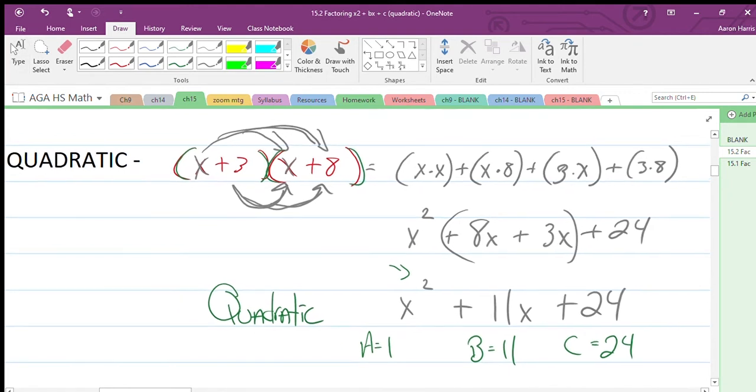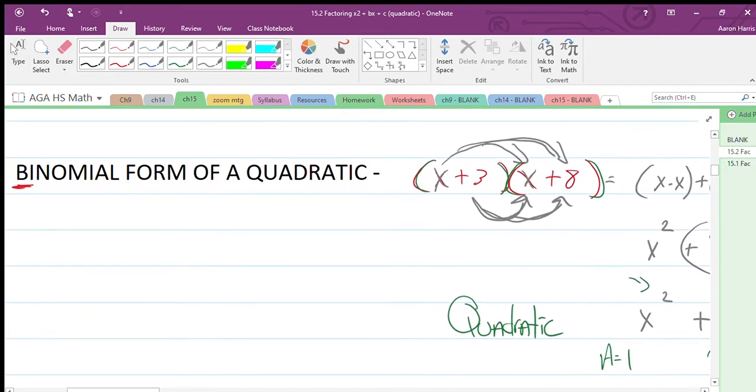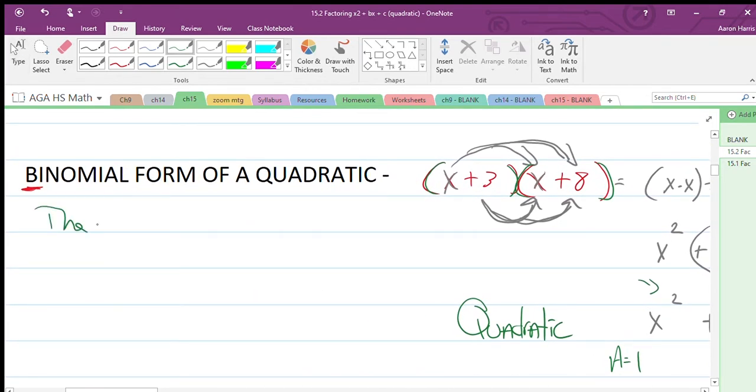So you will hear that said. It is the product, meaning multiplication, of two binomials. That is two terms, so that's a binomial.